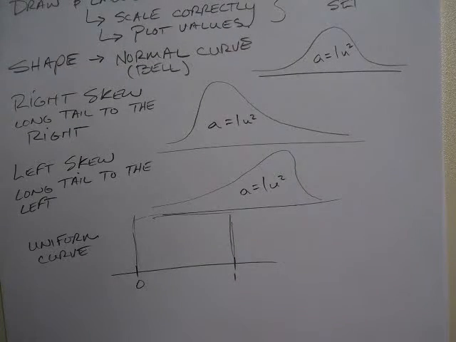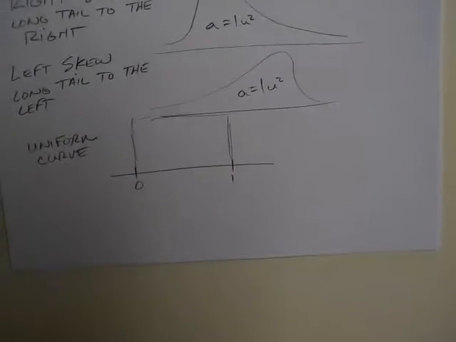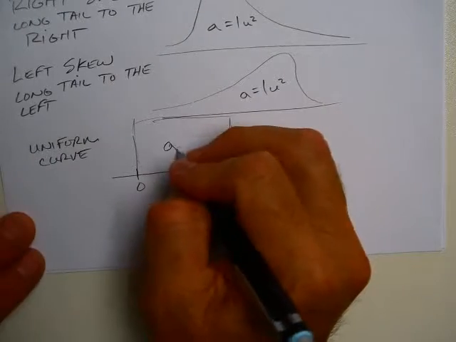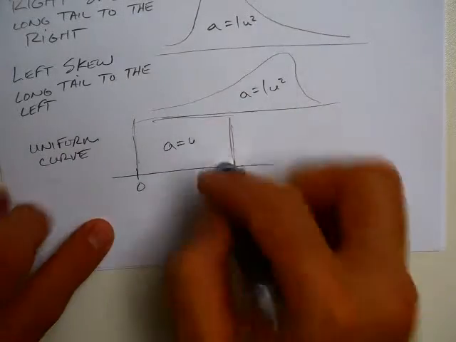It's a block. And if you think about it in terms of a histogram, each of the bars would have exactly the same height. And again, area equals 1 unit squared.